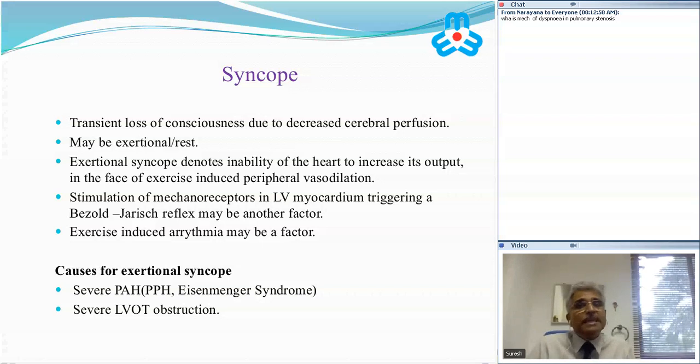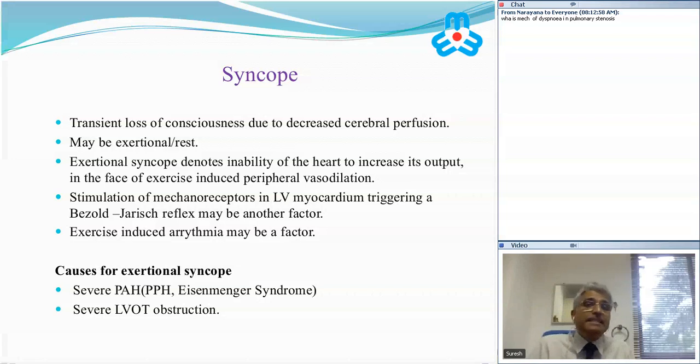A few other mechanisms may also be involved with exercise, particularly in aortic stenosis. Mechanoreceptors in the LV myocardium are stimulated, and they trigger a Bezold-Jarisch reflex. Remember, a Bezold-Jarisch reflex is essentially a stimulation from the vagal nerve endings, as a result of which there is profound bradycardia and hypotension which are vagally mediated. So the stimulation of the mechanoreceptors in the left ventricular myocardium could also be a reason for the syncope in aortic stenosis.